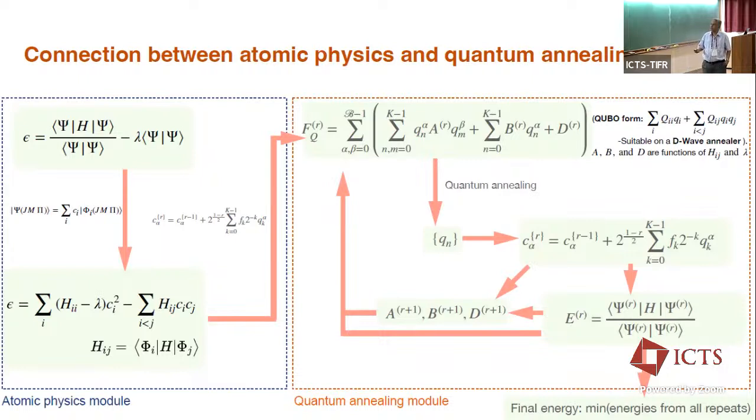If you take the wave function as a linear combination of configurations, then this energy functional will reduce to that. Now, I'm assuming that it is normalized, so that's one. So Hij is the matrix element of H, you see. So you get an energy functional of this kind, which is, say, Ci square minus Cij.